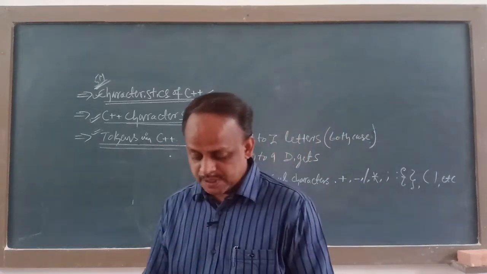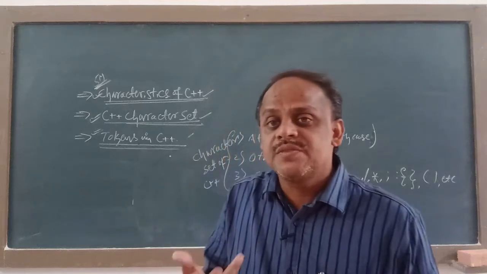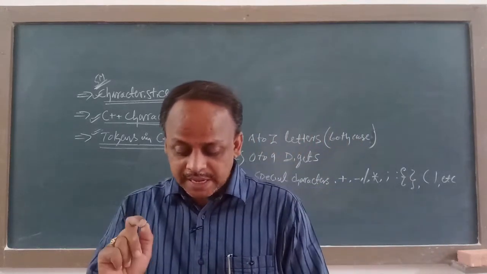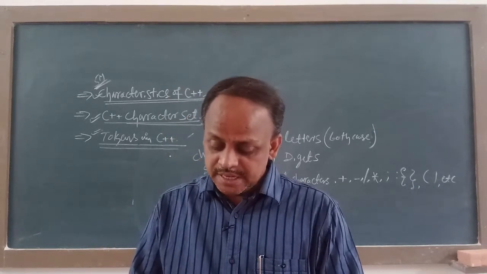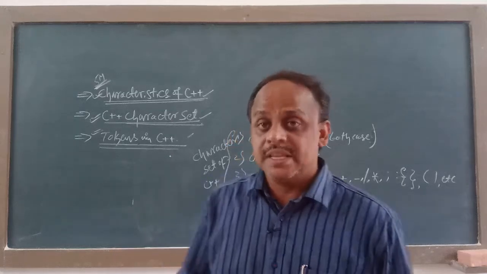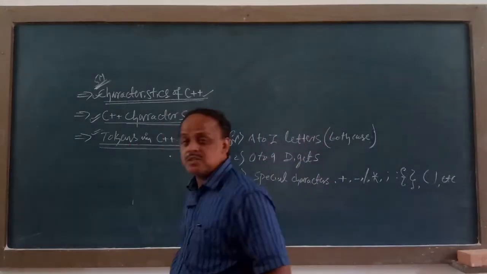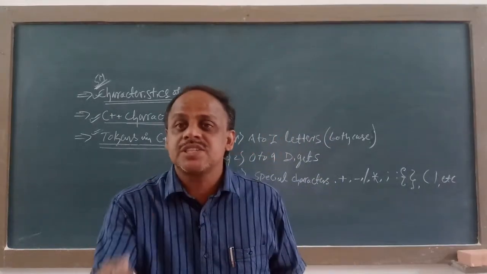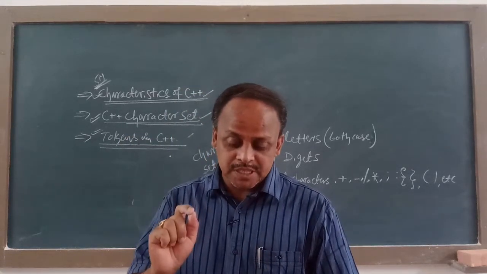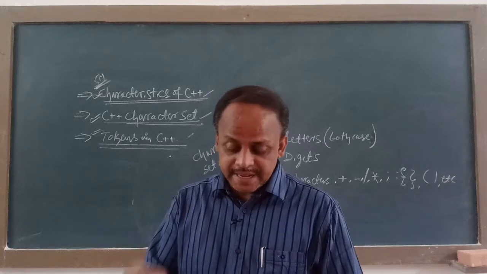What is the use of these fundamental elements? These elements help us to construct statements, definitions, declarations, and so on. With the help of these tokens only, it is possible to construct C++ statements and write C++ declarations.